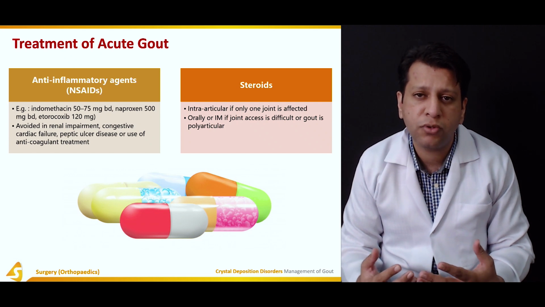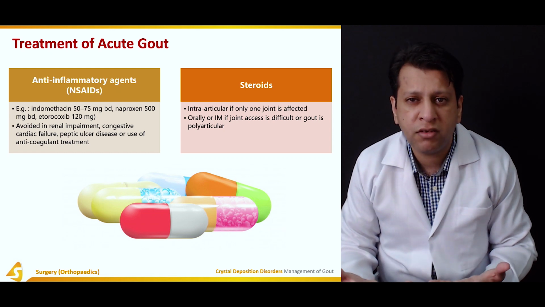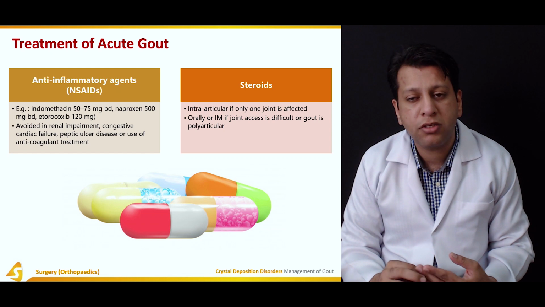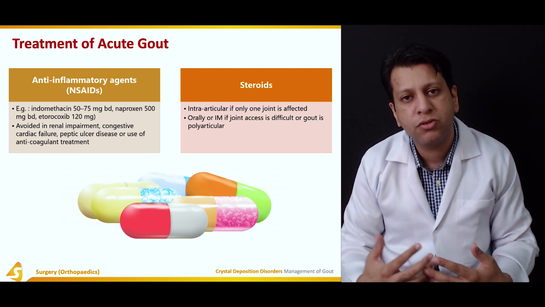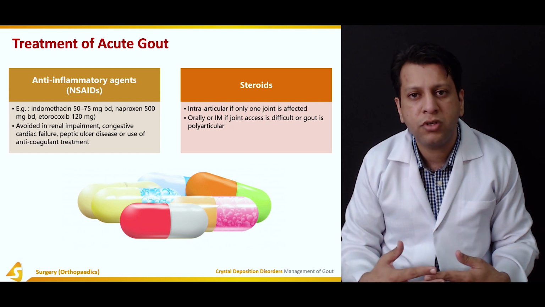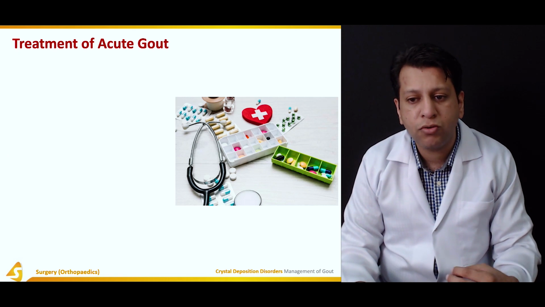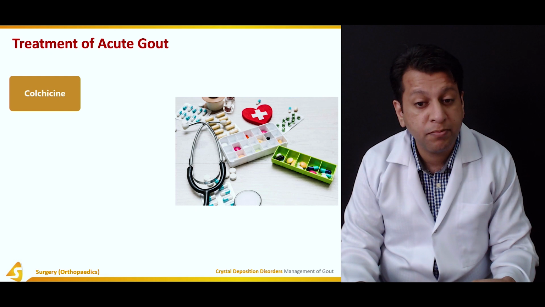But if a patient has back pain and the spine is affected, you cannot inject into the spine. So the other option is to give it orally or intramuscularly, so that some degree of steroid goes up to that point. What other drugs can we use for monotherapy? It includes colchicine.